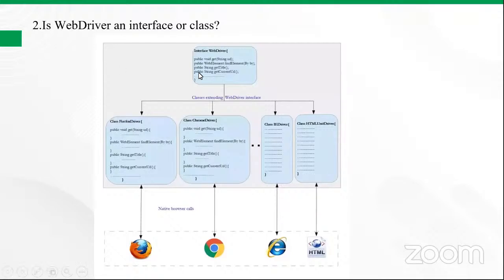You can see that WebDriver is on the top level, and all the subclasses are implementing the WebDriver. This WebDriver consists of all the basic methods which could be performed on a browser, and each of the browser drivers implements these methods in its own way. So we can say that WebDriver is an interface, not a class.